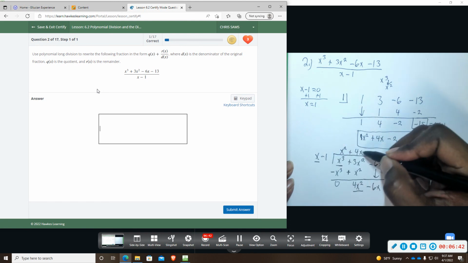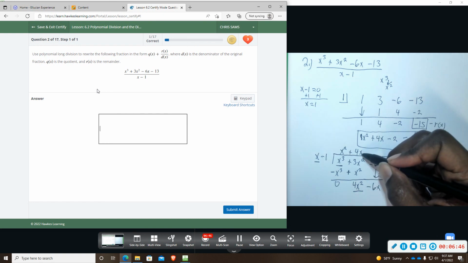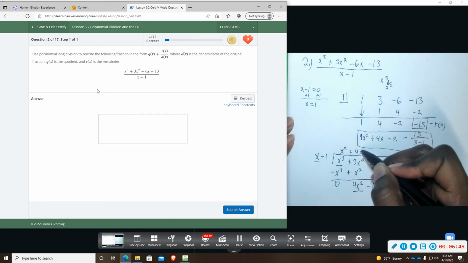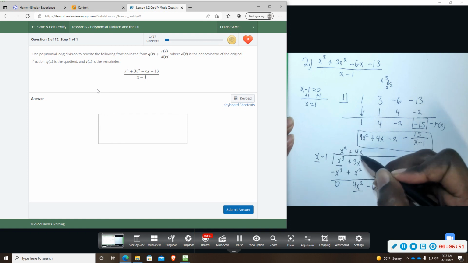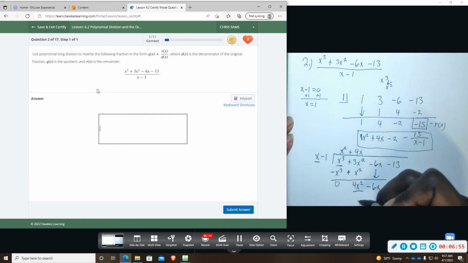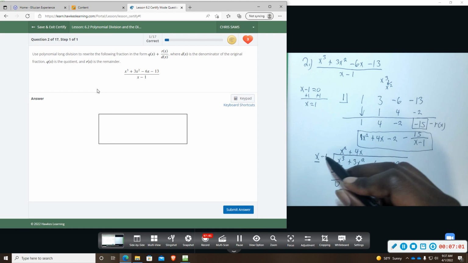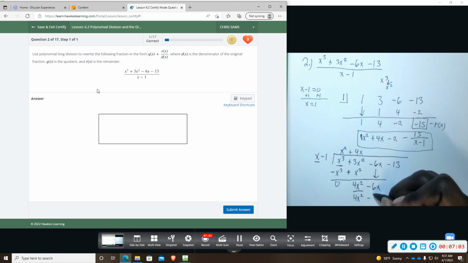X plus x gives me 2 of them. So this is what we have. We're going to multiply this by both terms. So 4x times x will give me 4x squared. And then 4x times a -1 will give me a negative 4x.